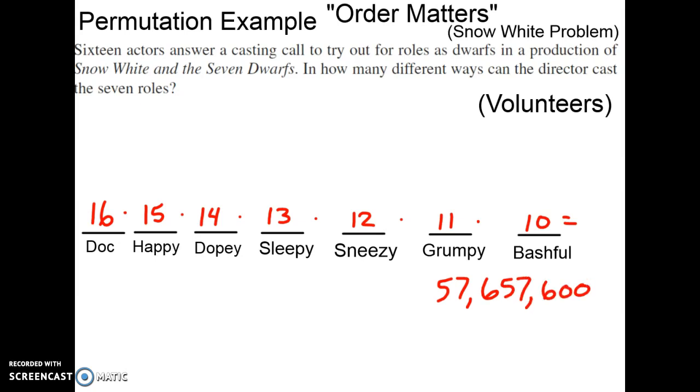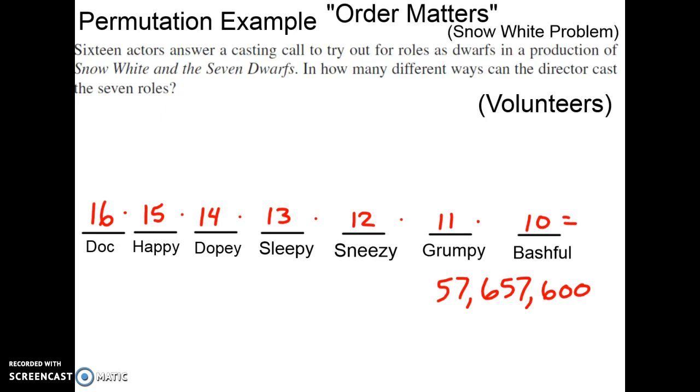Now that's if you're talking about 16 people and 7 roles, there's 57,657,600 ways to arrange them, which seems like an astronomical amount, seeing as you're just talking about 16 people.